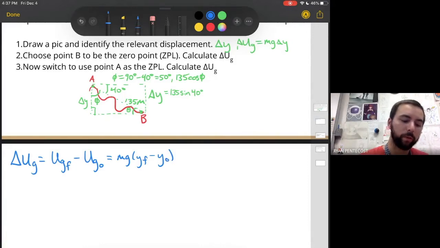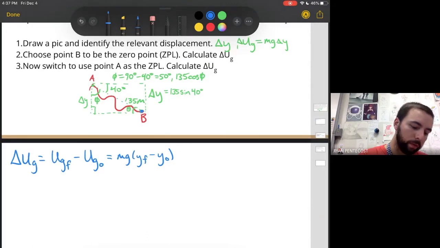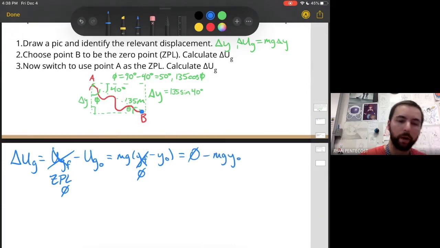If point B is our ZPL, then that's our final potential energy, so we can call this 0. Our y final would then be 0, so we would have 0 minus mg y naught.